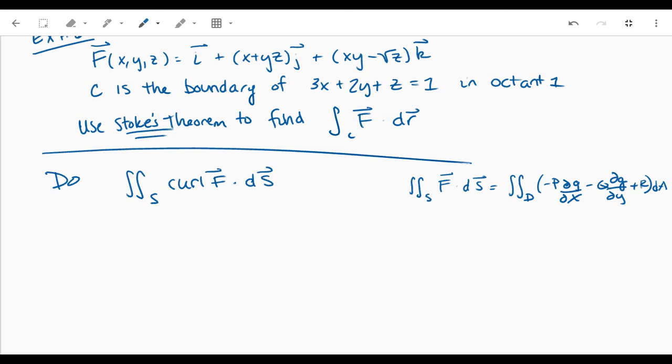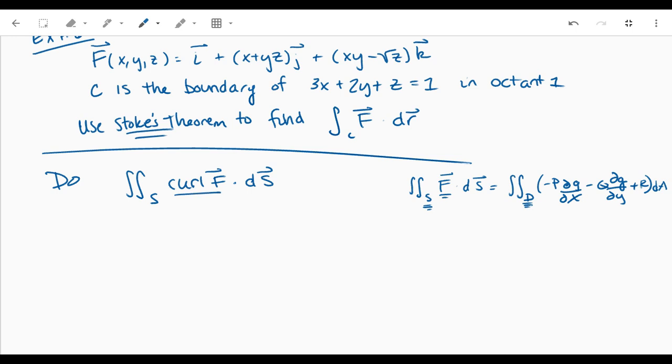So that's your surface, and we switch it to the region. And again, instead of using f, it's the curl of f that we want.